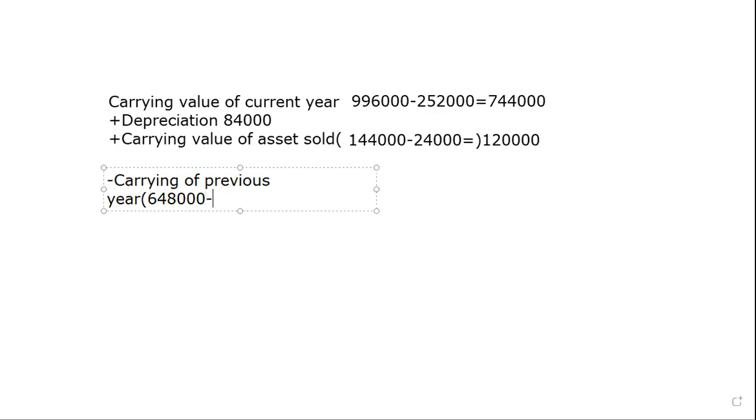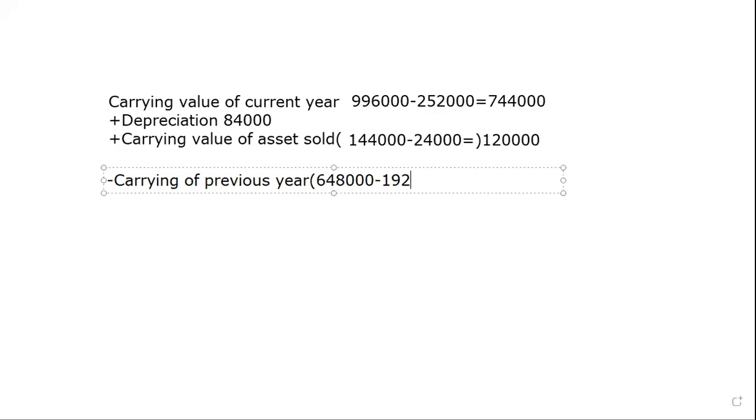What is the accumulated depreciation? 192. What will be our carrying value? 456,000.